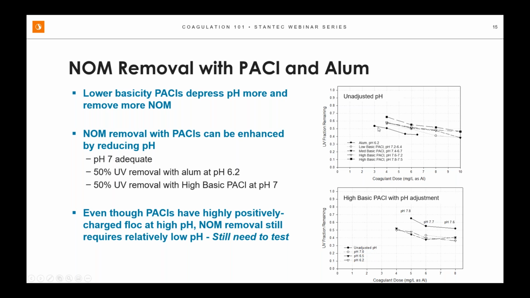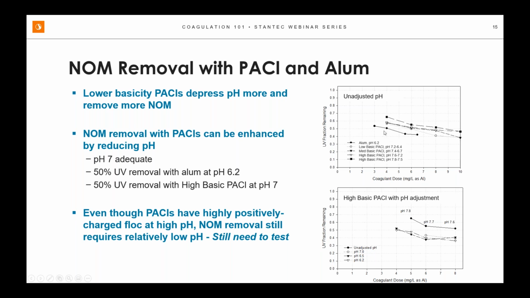So circles here are alum. This is milligrams per liter as aluminum, okay? So we're comparing the same thing, not milligrams per liter of product, because the strength of these things can be quite different. But if we take alum at its minimum pH and minimum solubility 6.2, we get very good organics removal for this water.